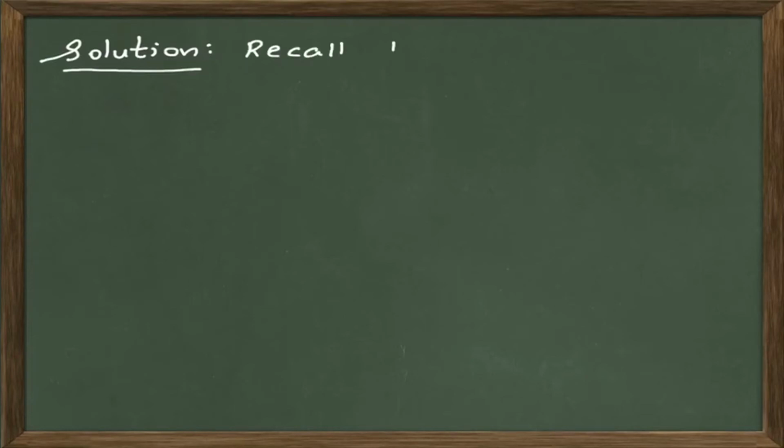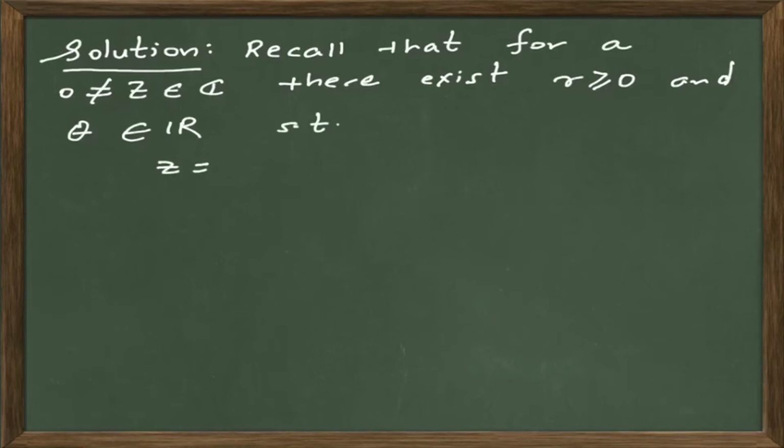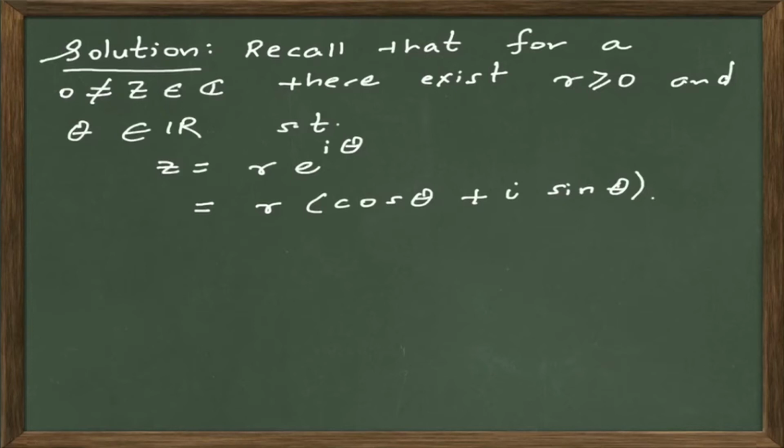Recall that for a non-zero complex number z, there exists a positive real number r and a real number theta such that z is equal to r e to the i theta, which is equal to r times cos theta plus i sin theta. This theta is called an argument of z.